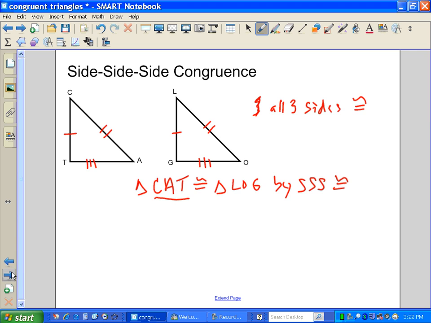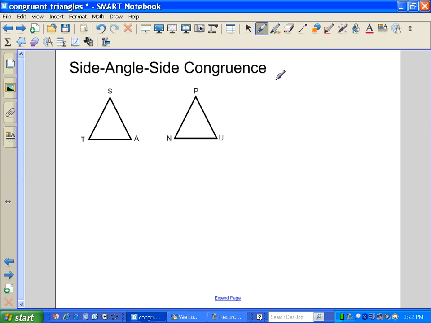Let's look at the next example. Side, angle, side. Notice the word angle is in between the 2 word sides. So we're looking for triangles that have 2 side lengths and the included angle congruent.